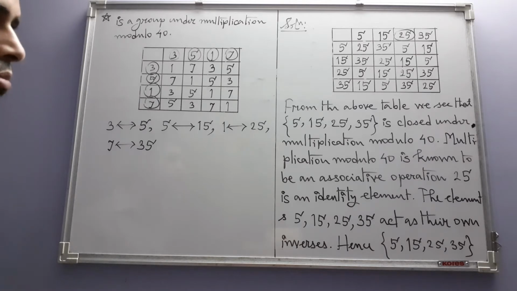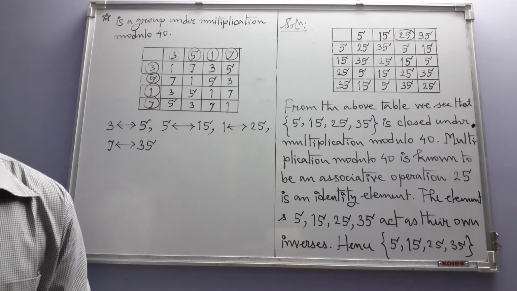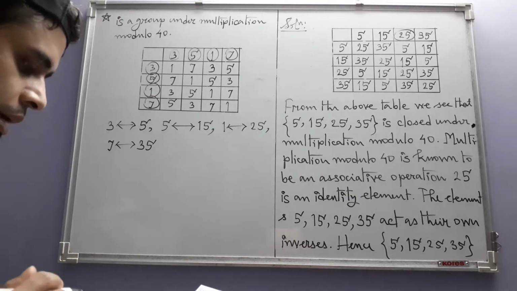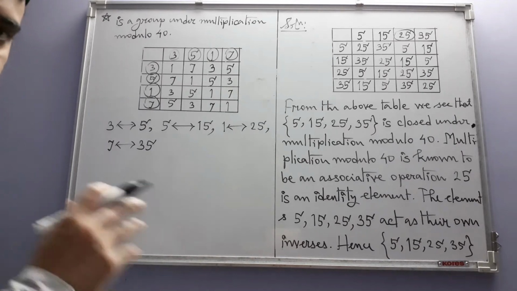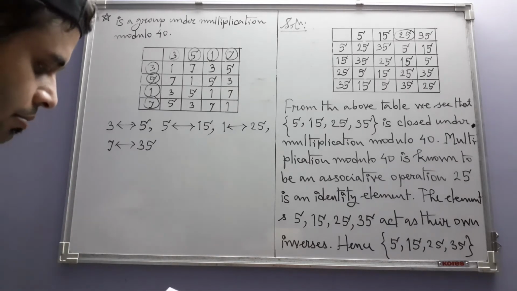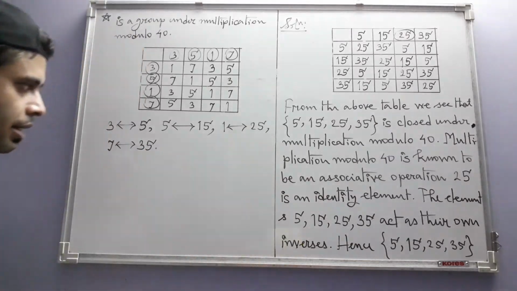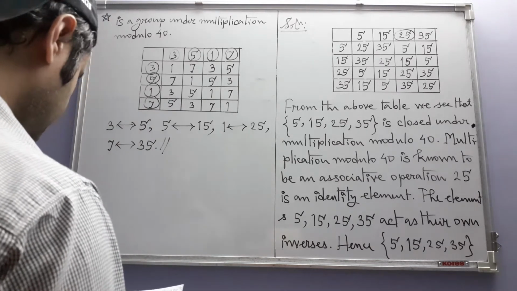The technical term is isomorphism, but I don't believe in this section they have talked about isomorphism. I think it will come later on in some other sections. So that is the relationship. If you want, you can write these things elaborately, but I am ending the solution here itself. So they are essentially the same group.